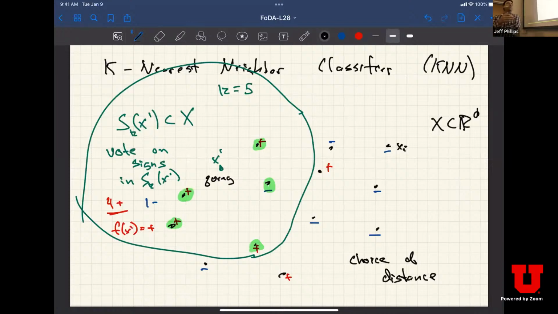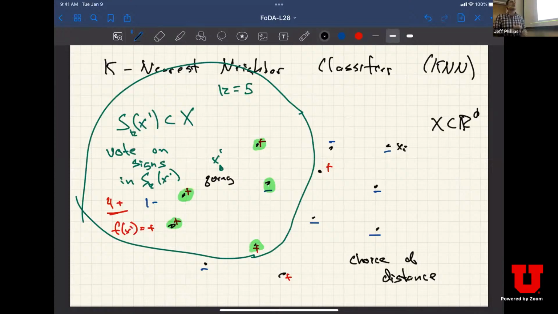But if I had objects like strings of text, and I want to say how similar these strings are, like are there typos in the text, I can measure the edit distance, the number of edits I need to make to get from one string to the other. Edit distance is a way of measuring distance, and I can use that inside this classifier. It works totally fine.